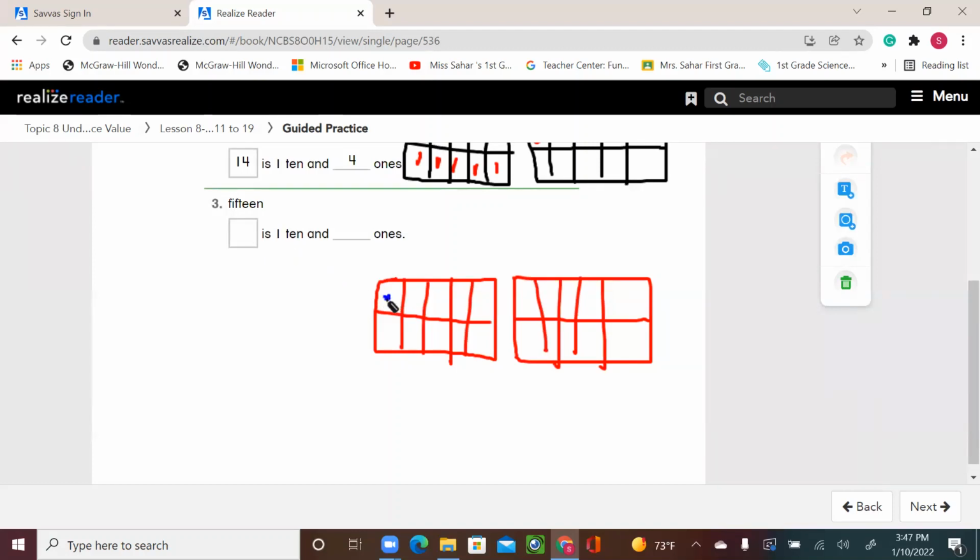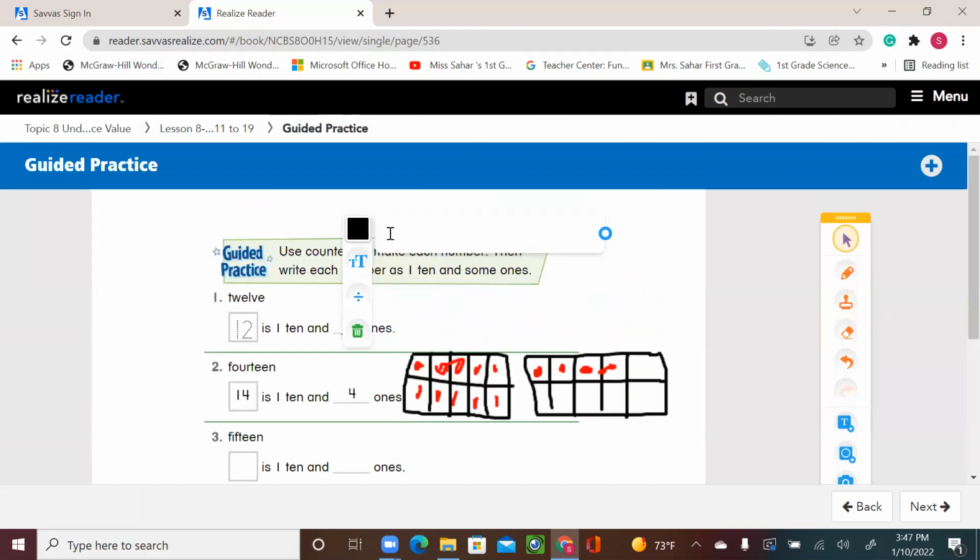So I need to fill the first 10 frame. I'm going to fill the 10 boxes with my counters. So now I have 10, 15. That means 5. 1, 2, 3, 4, 5. The first row from my 10 frame. Right? So let's write down 15. That's a number in the box. It's 1 ten and 5 ones.